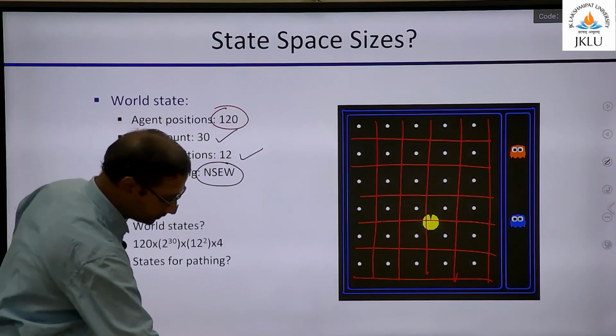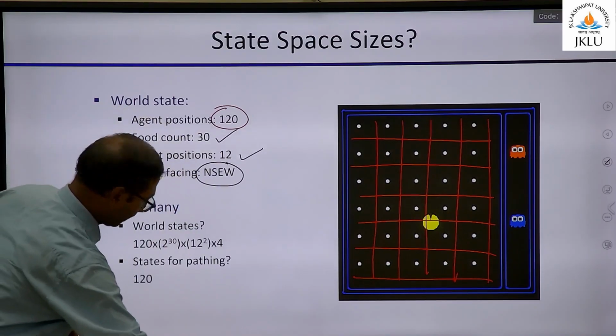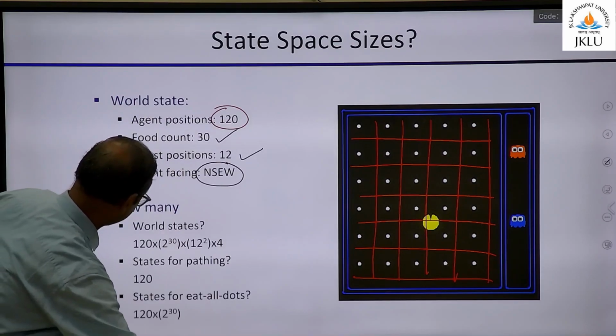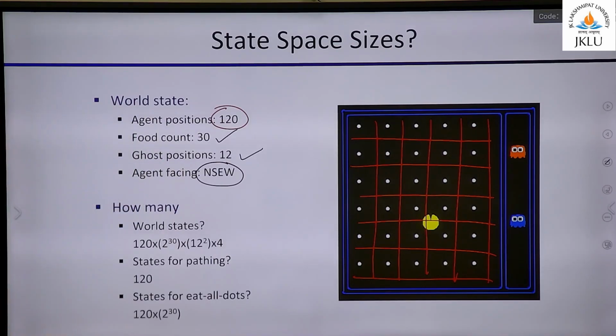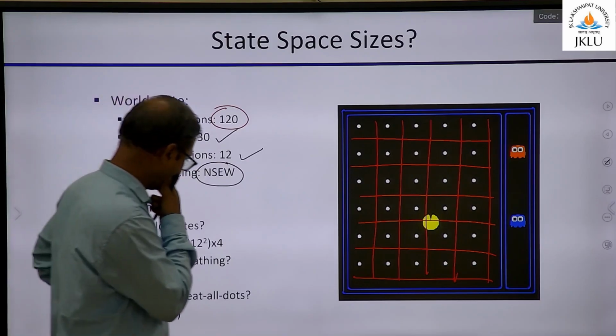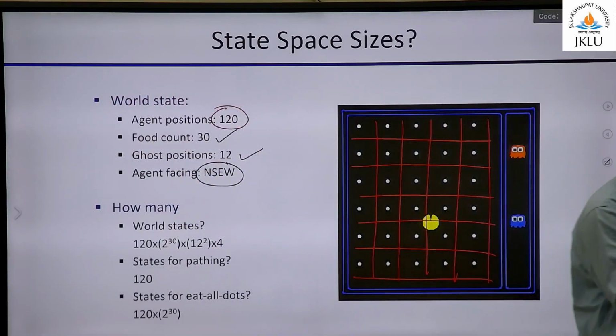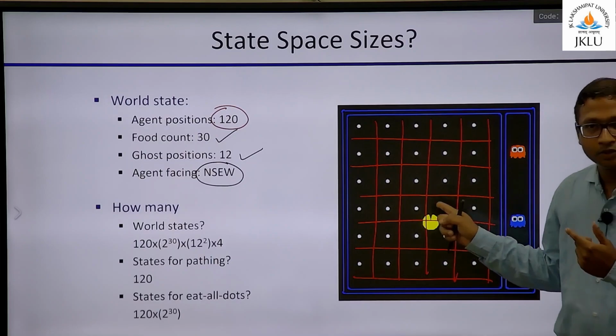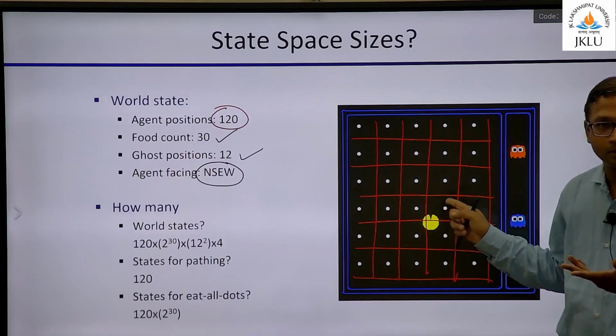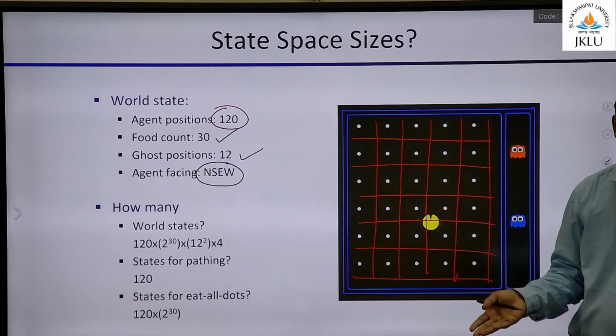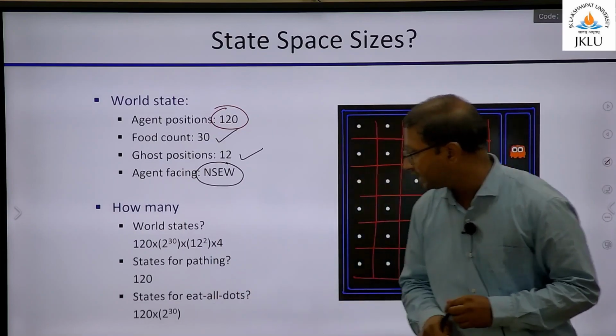States for pathing, how come these now? You just need to take care about the total positions for Pac-Man, that's it. What about states eat all dots?